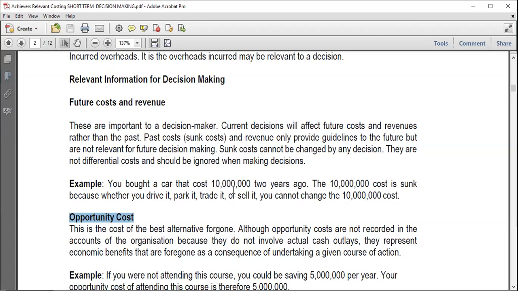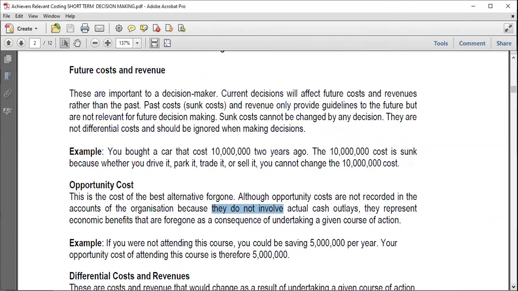Okay, maybe not, that could be on a high end, maybe 5 million. Now that 5 million is supposed to be included within our decisions. It's like a loss that we are making because of taking on this other special order contract. You get it? So it's very important for you to have that in mind.